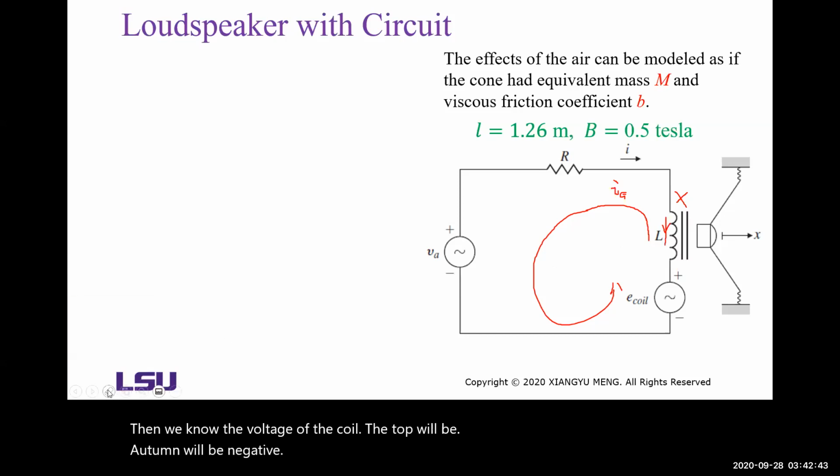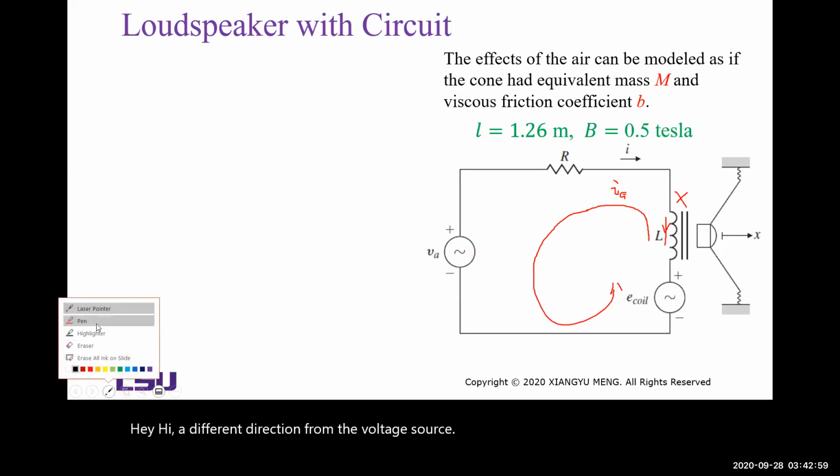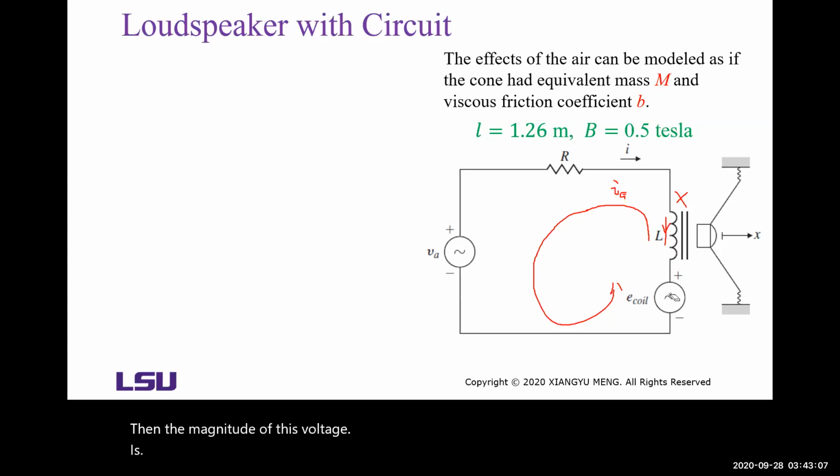Then you see it has a different direction from the voltage source. Then the magnitude of this voltage is B times L times the velocity. We know the velocity is x first derivative.